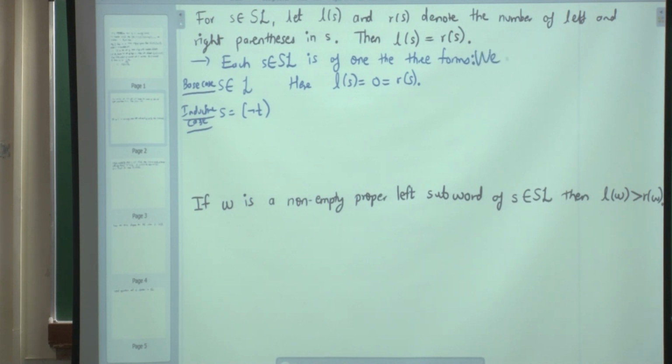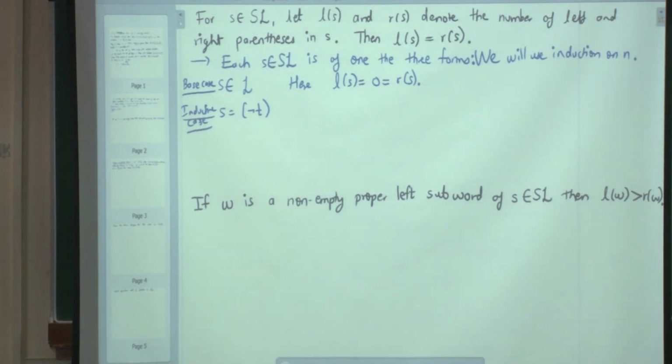So here we will use induction on n. What is n here? Induction on n. So S belongs to S0L, that is what we were doing earlier. So here S belongs to Sn plus 1 L, where T belongs to SnL.